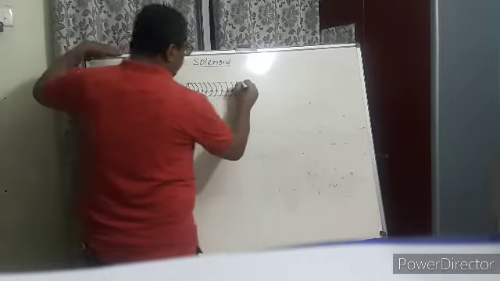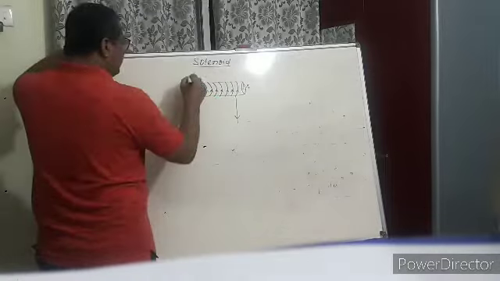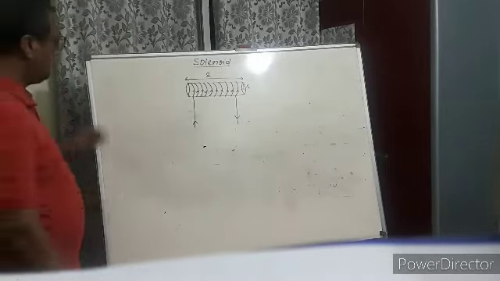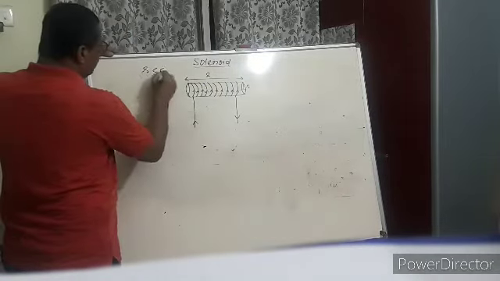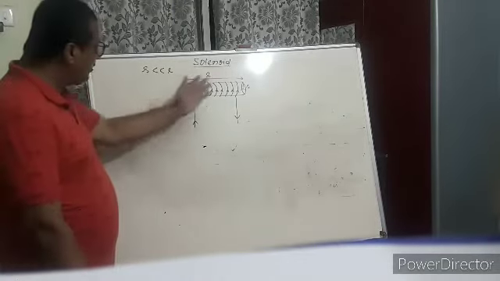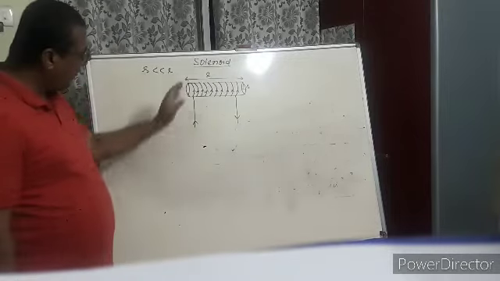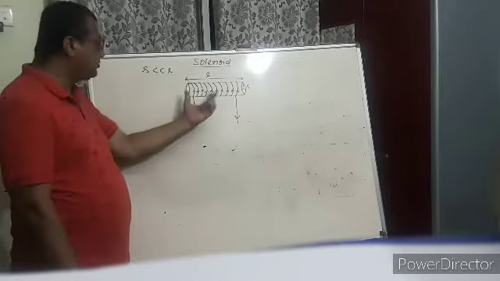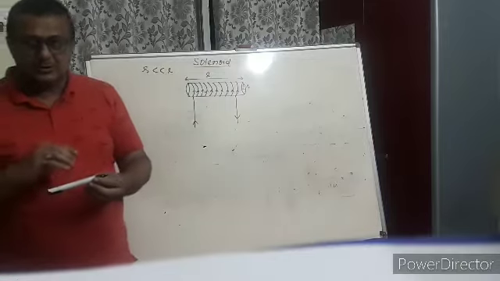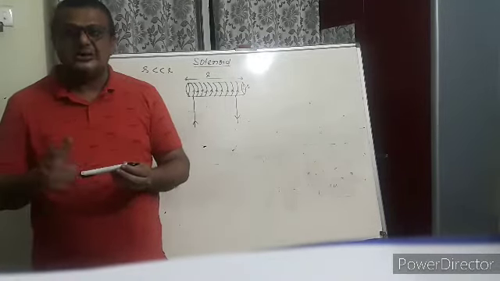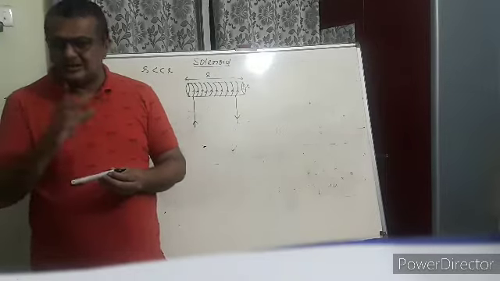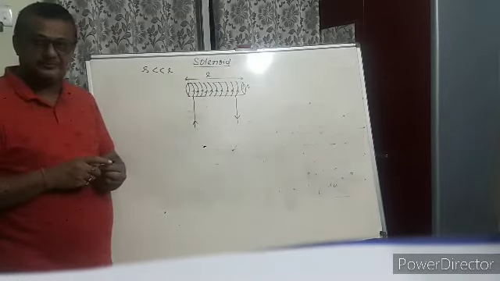The radius of the core is very small compared to the length of the rod on which the wires are wrapped. This system is called a solenoid. Once more, on a core, insulated wires are wrapped side by side, closely, in the form of a helix. Then the arrangement is called a solenoid.